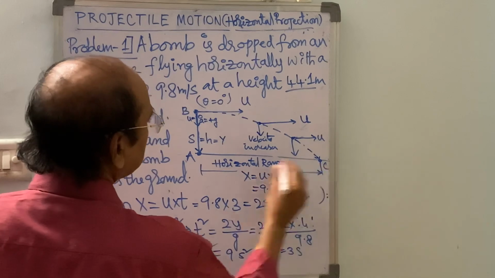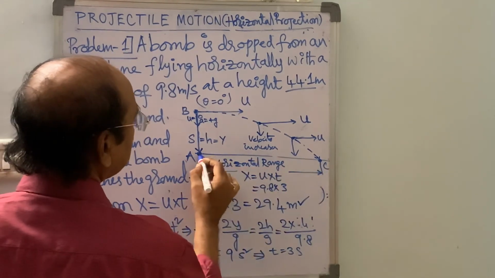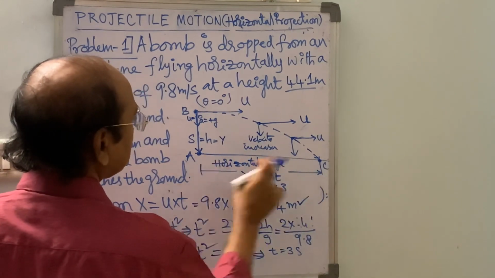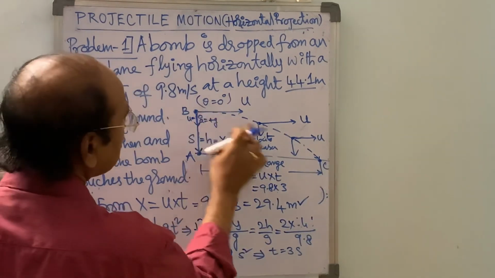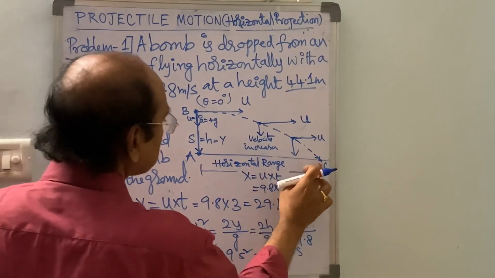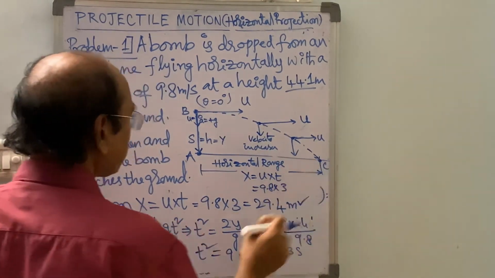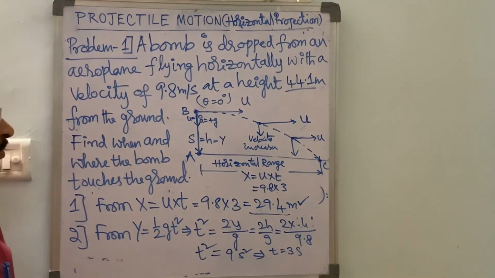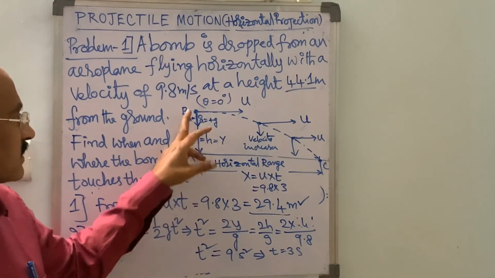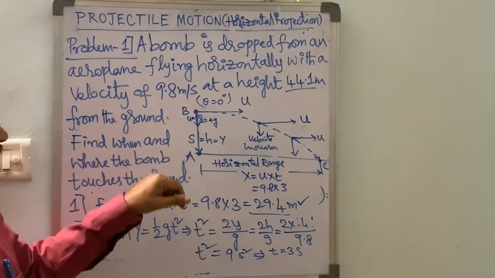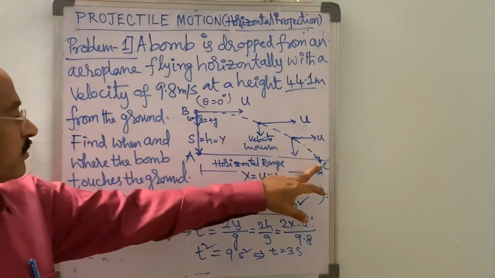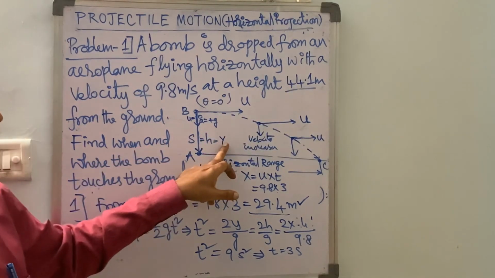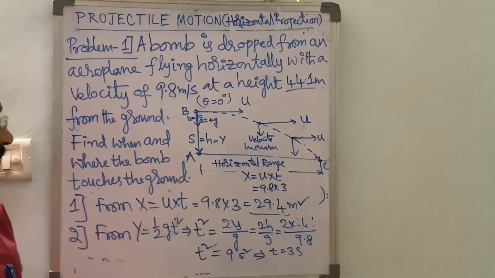So here, when it touches the ground, it touches the ground 29.4 meters from its starting point in the x direction, after 3 seconds, at point C. Here the vertical distance height s = y = 44.1.